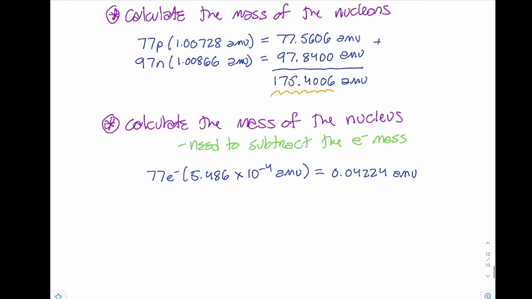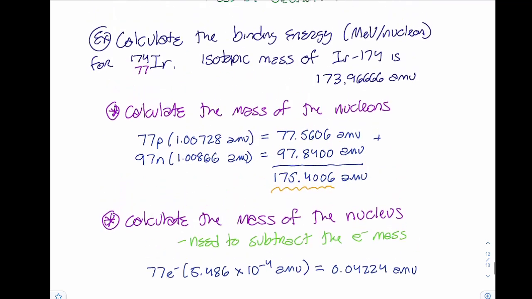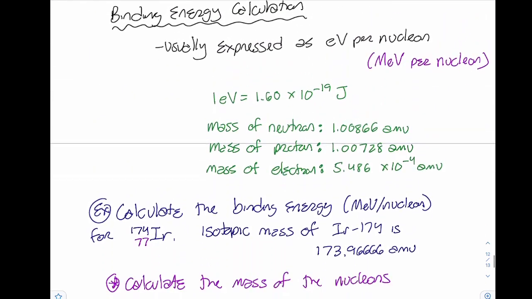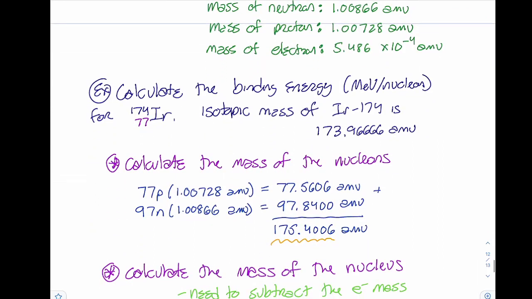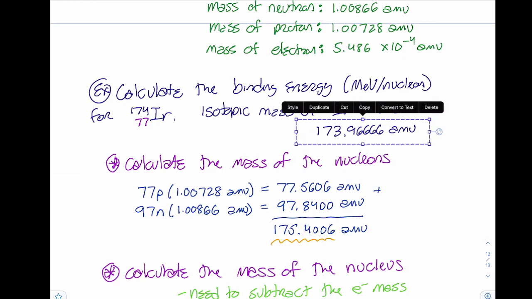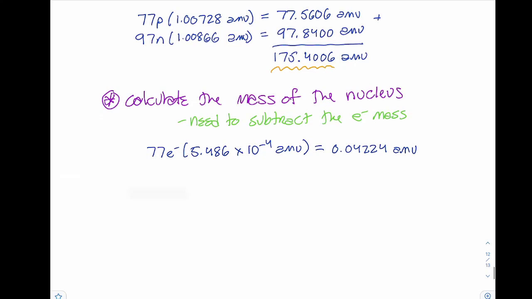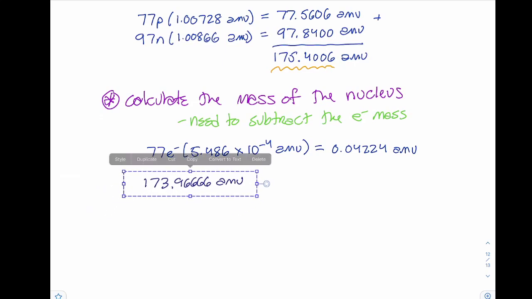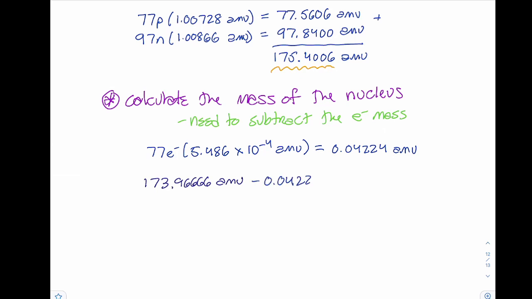Now I'm going to subtract the mass of my electrons from the mass of my atom. The mass of my atom is up here somewhere, and I'm just going to copy it because if I scroll back down, I'll probably misremember it and then have to scroll back up. So that's the mass of my atom. I'm going to subtract from that the mass of my electrons, and that's going to give me the mass of my nucleus.